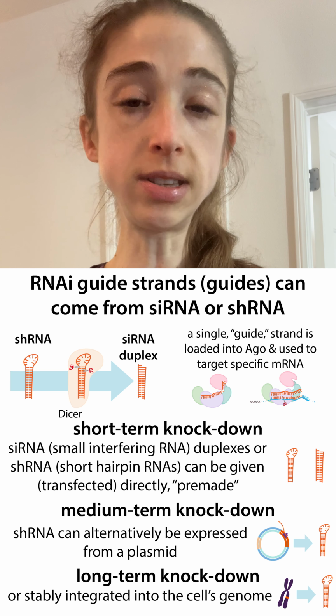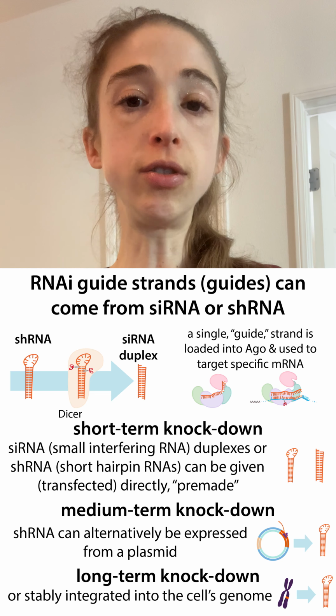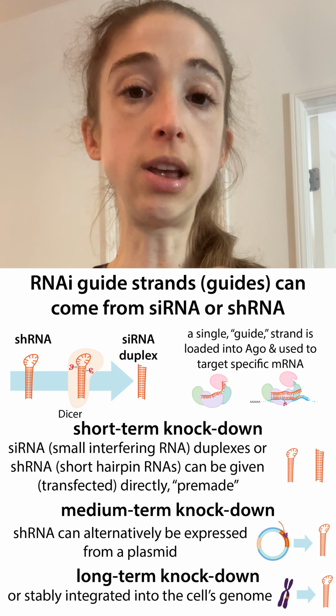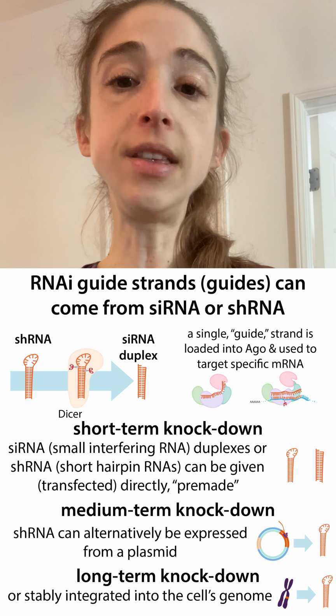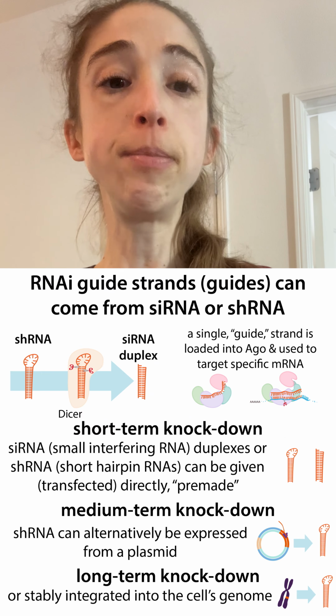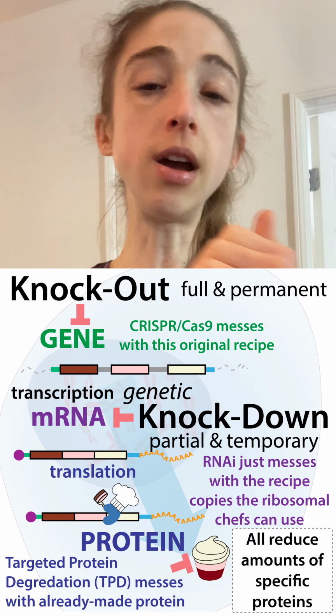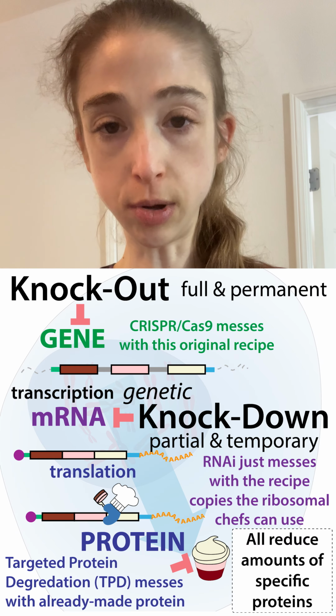They can be produced either transiently in the form of a plasmid, or they can be integrated into the genome so that the cell will continuously make these, and these are going to allow for a knockdown of the levels of messenger RNA, and therefore a knockdown or decrease in the levels of the protein, but not a knockout like you had with the CRISPR.